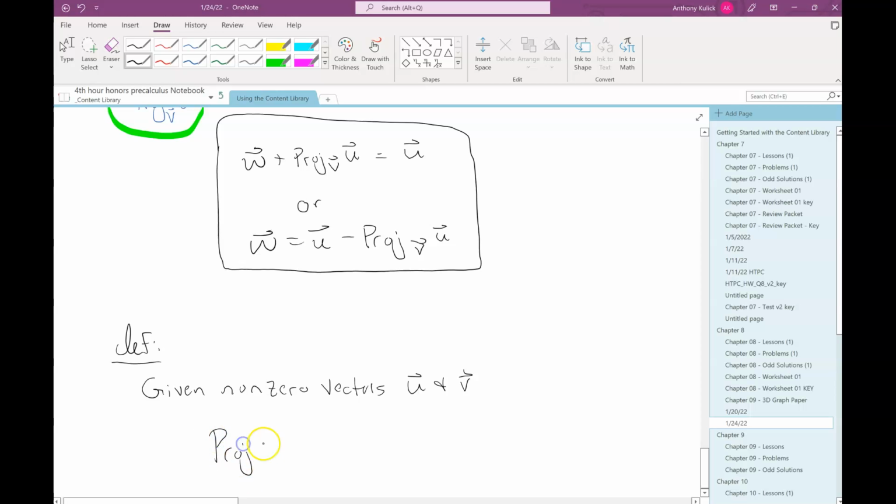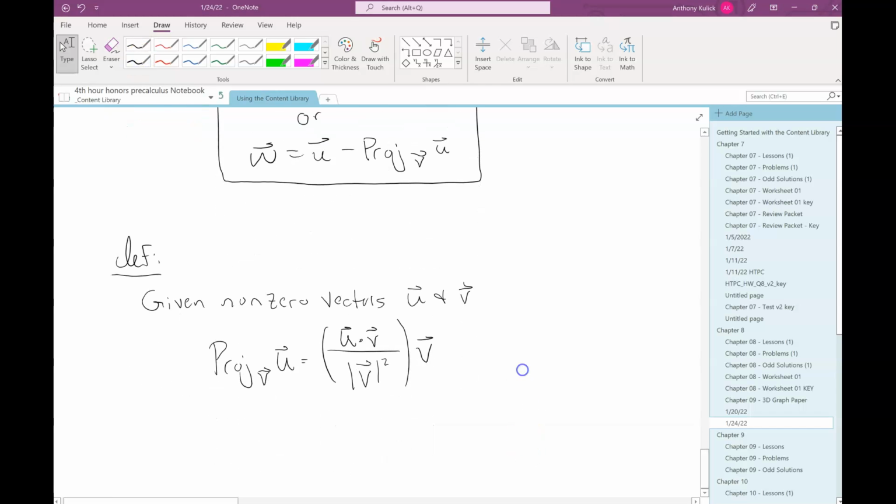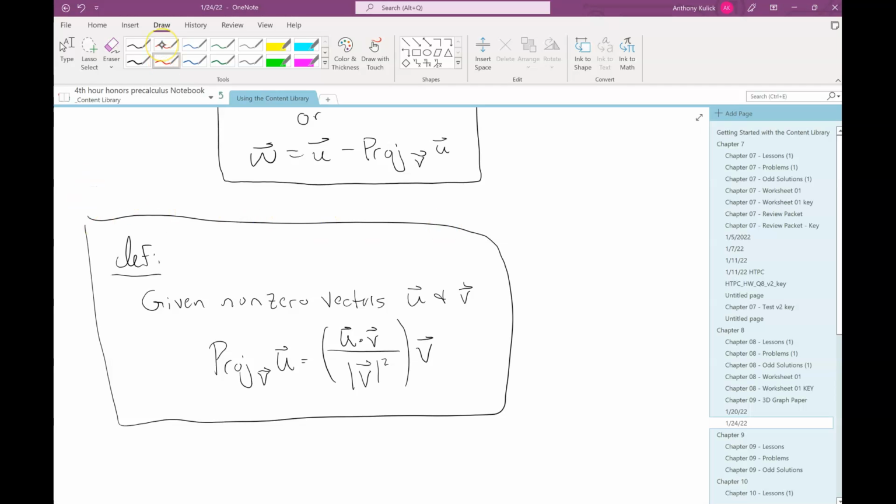Given non-zero vectors u and v, the projection of u onto v is equal to u dot v divided by the magnitude of v squared, times the vector v. So that's our definition for how we calculate a projection of one vector onto another.